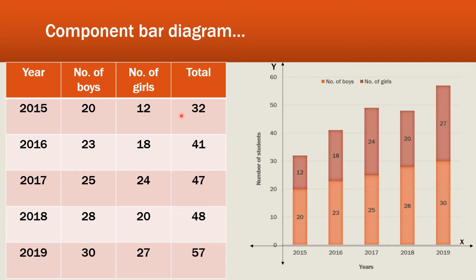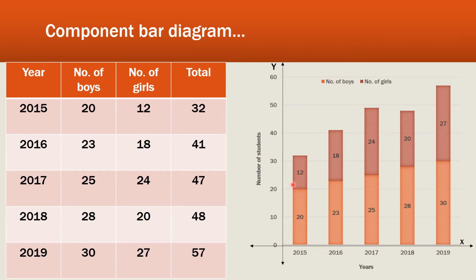What we do is we plot the value 32 for the entire bar. So I could have written the number 32 right on top of the bar, and that would be me plotting this particular frequency. Now how do I divide this bar representing all the 32 students in such a way that I show the number of boys and the number of girls in the same bar?